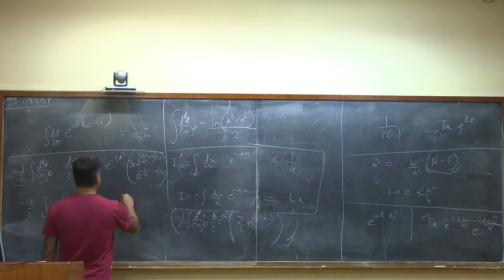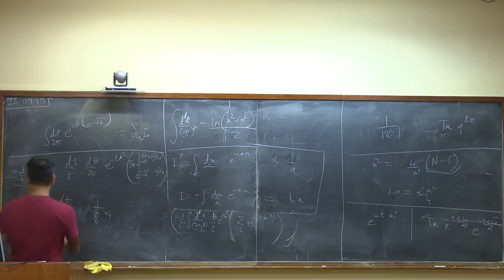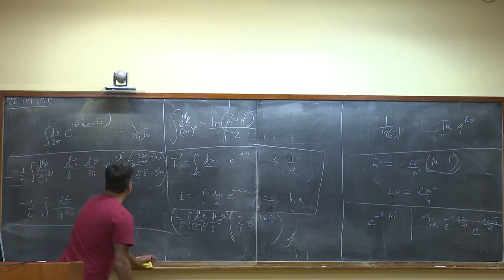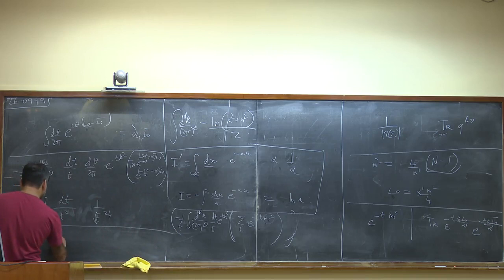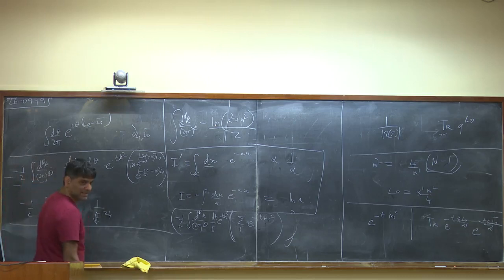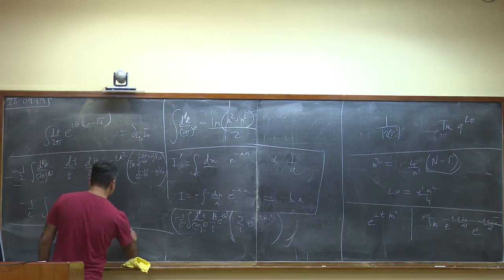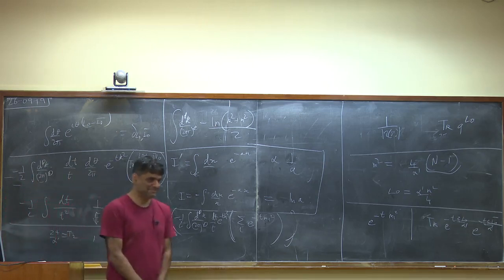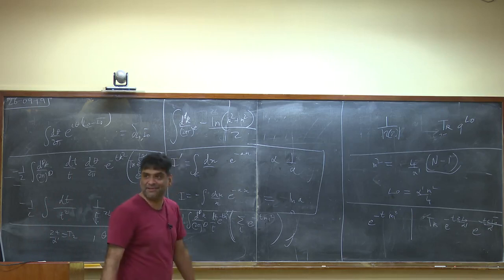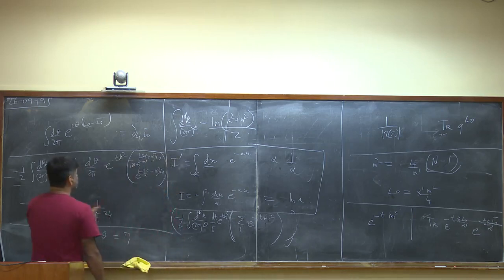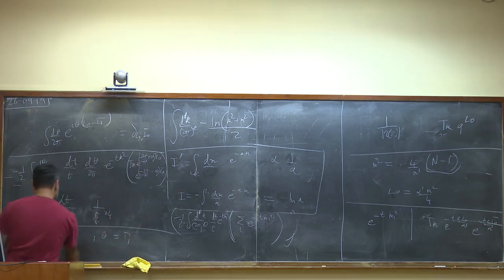Now let's make the following change of variables. Let us call 2t by alpha prime tau 2, and let theta be equal to tau 1. Change of variables in an integral. And we want some 2 pi's.